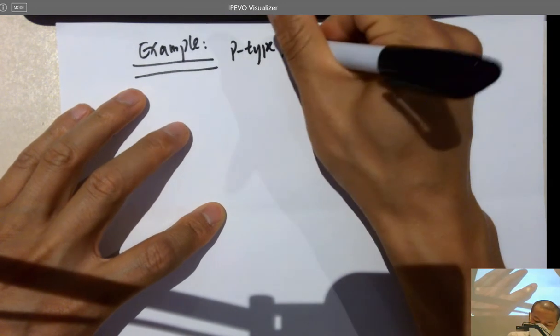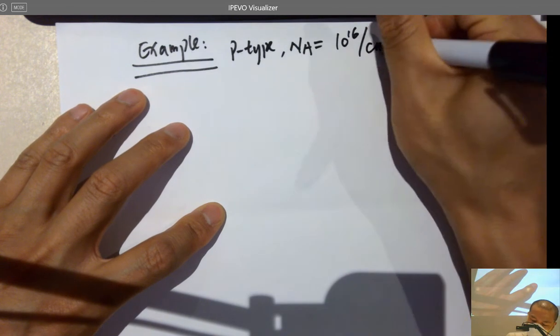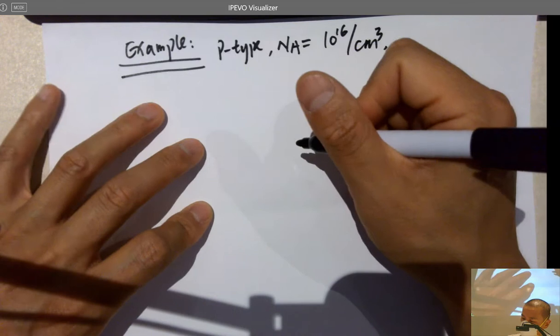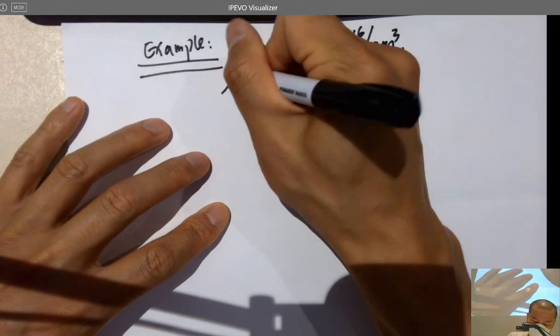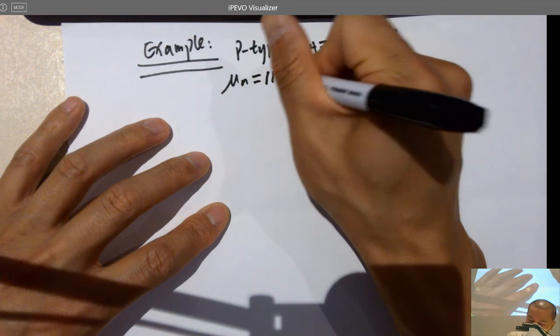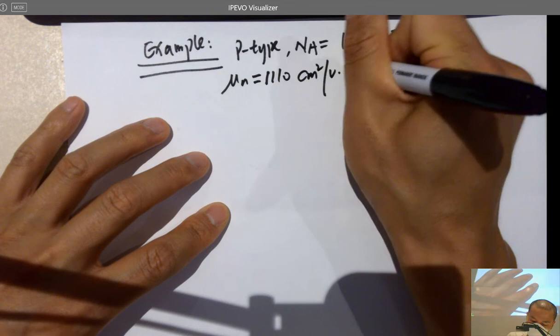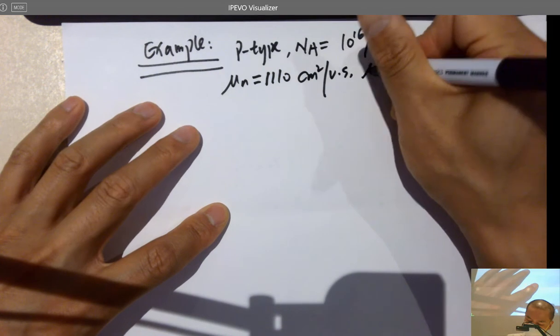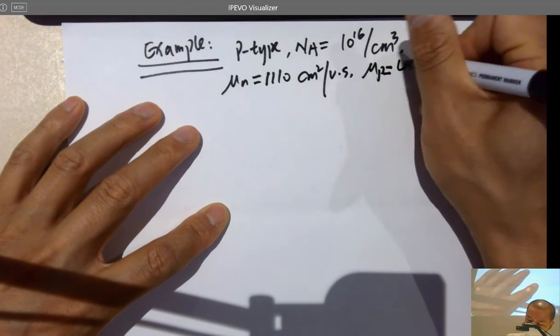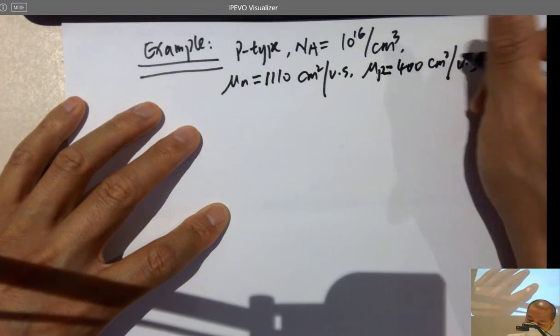P-type and Na equals 10 to the 16th per cubic centimeter, and mu n is 1110, mu p is 400 centimeter square per V times s.